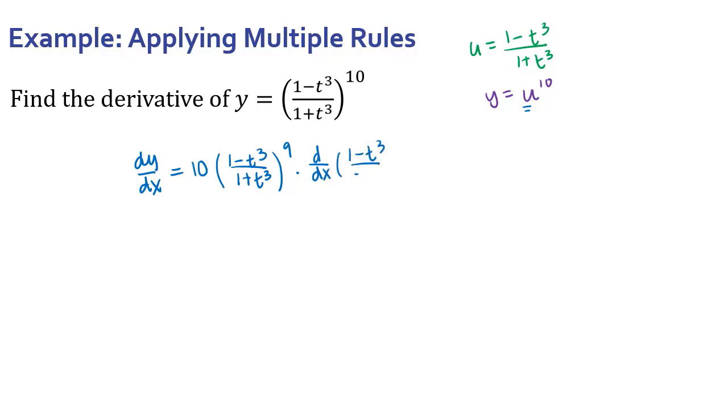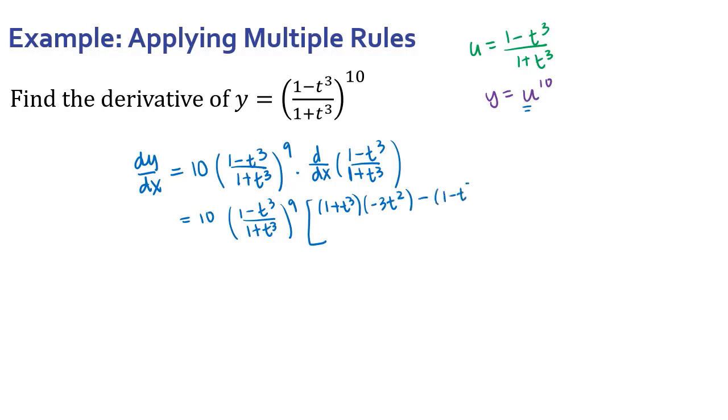So at this point, to find that derivative of the inside function, I'm going to have to use the quotient rule. So that's going to give me 10 times (1 minus t cubed over 1 plus t cubed) to the 9th times, all right, so quotient rule, we've got the denominator, so 1 minus t cubed times the derivative of the numerator, which is negative 3t squared, minus the numerator times the derivative of the denominator.